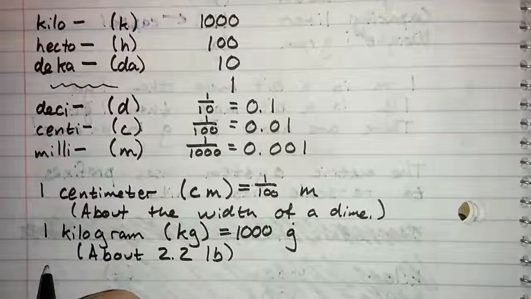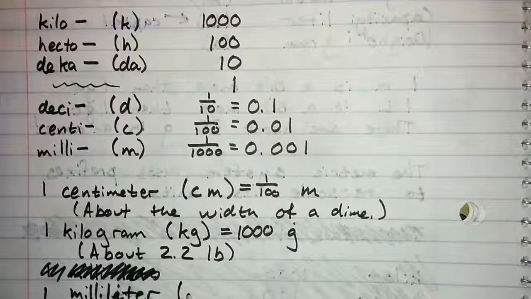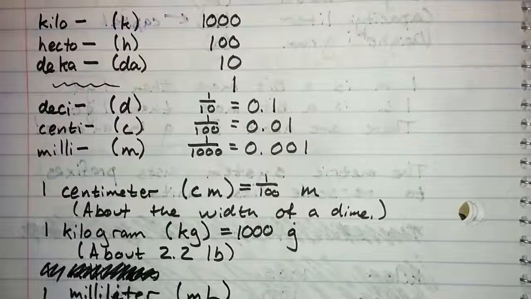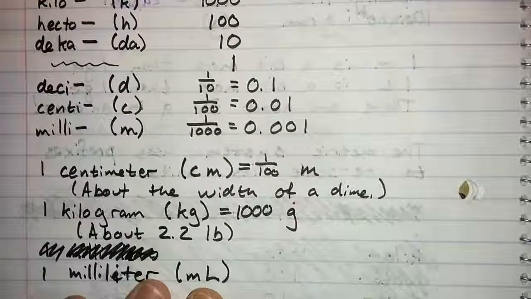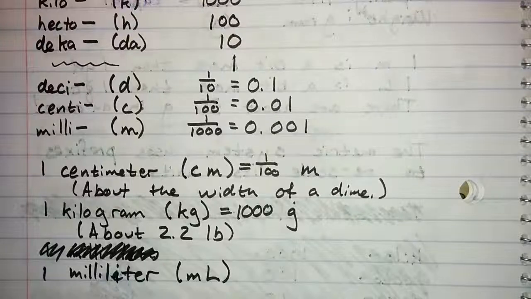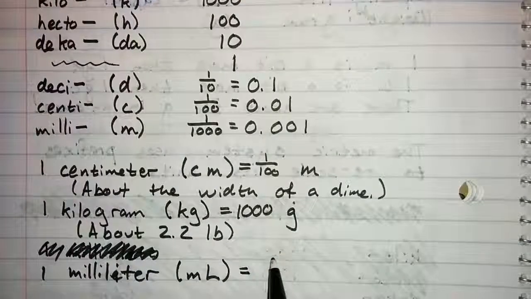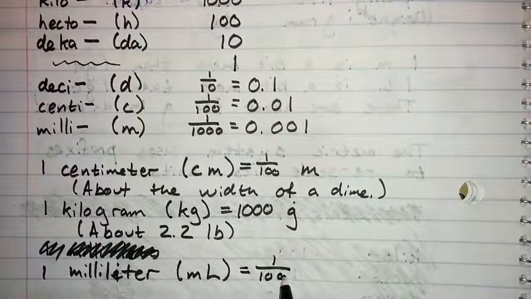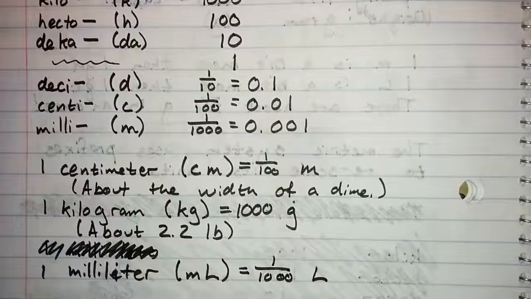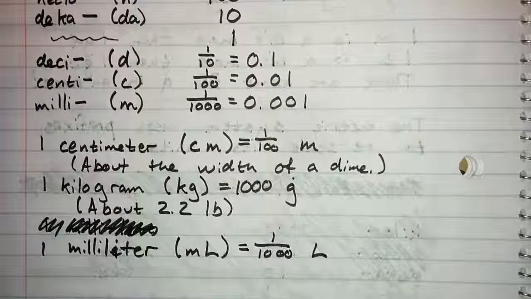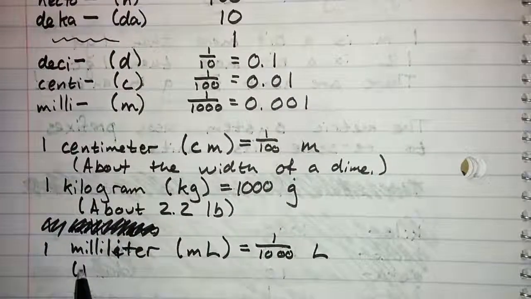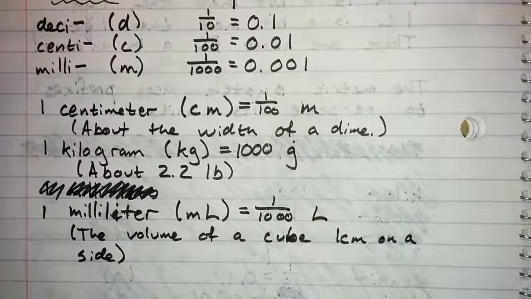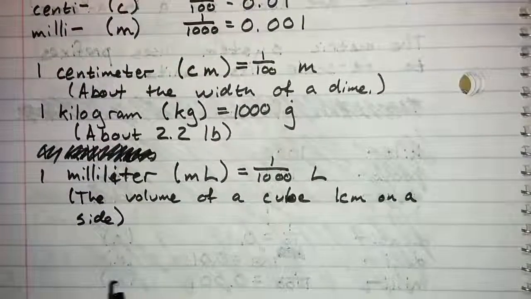Or we could have 1 milliliter, abbreviated ml. And now milliliters, you probably see this all the time on bottles of products. 1 milliliter is 1/1000th of a liter. And in fact, 1 milliliter is the volume of a cube, 1 centimeter on a side.